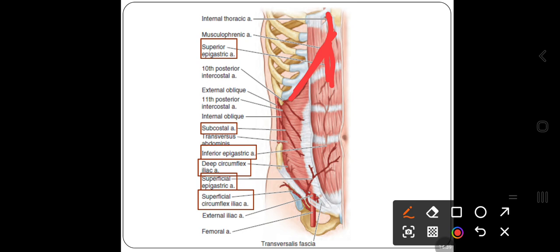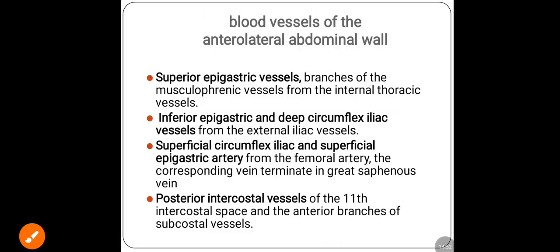The external iliac artery gives rise to the deep circumflex iliac artery and inferior epigastric artery. Okay? So, superior epigastric artery, inferior epigastric artery, deep circumflex iliac artery, and musculophrenic artery. Okay, these are four arteries.